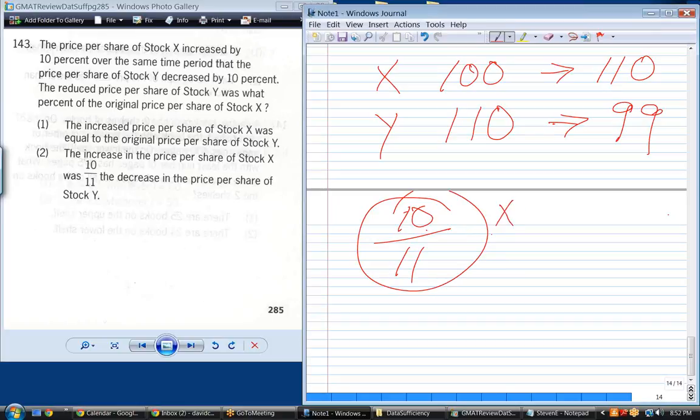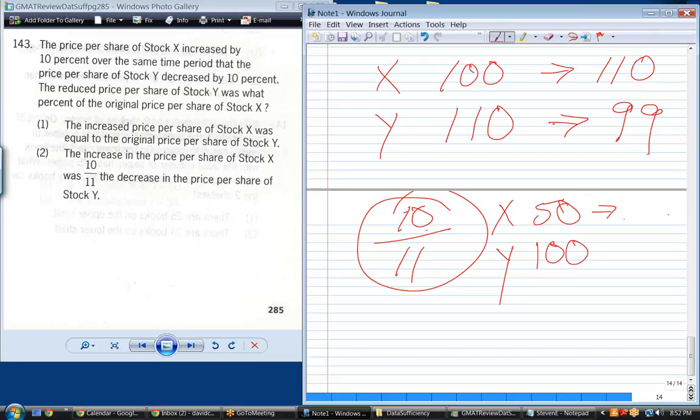This time, let's pick easy numbers. How about stock X of 50? Okay. And Y, this time I'm going to make it 100.